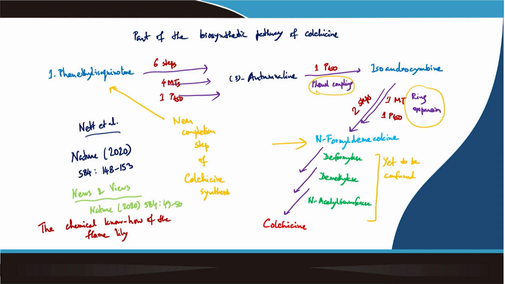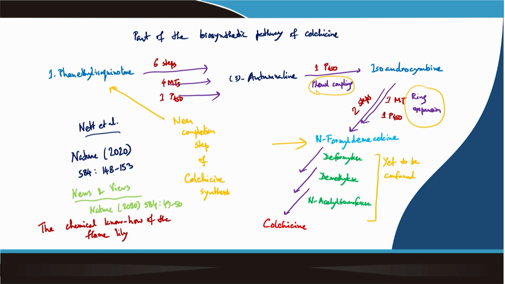Then 2 other P450s catalyze the unusual biochemical reactions. The first one is a phenol coupling, which produces isoandrocymbin, and then a ring expansion which produces N-formyl demecolcine. Now, a 5th methyl transferase is also needed to convert isoandrocymbin into the substrate for ring expansion.